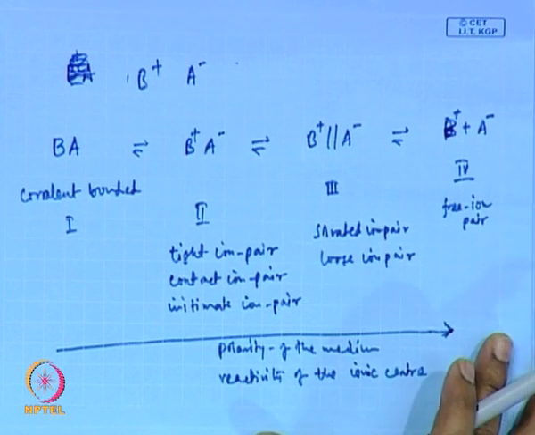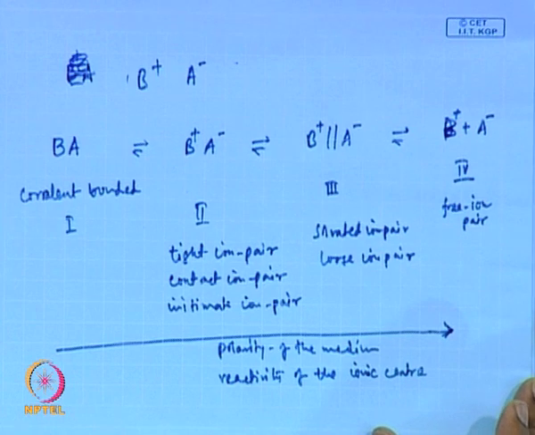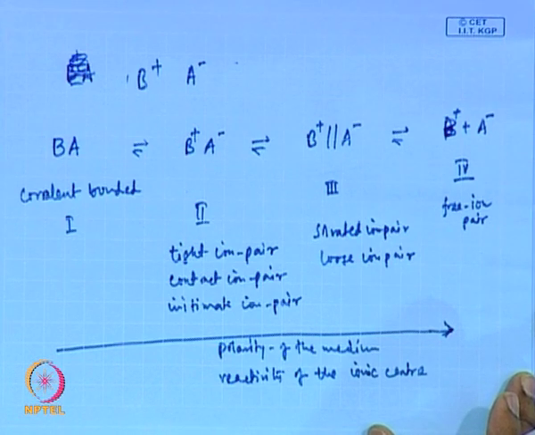So, in this way you can understand that the polarity of the solvent plays a very important role in terms of reactivity of these ionic reactions. If you compare with radical chain polymerization, solvent polarity has no such role to play.